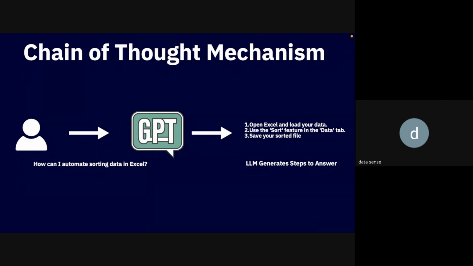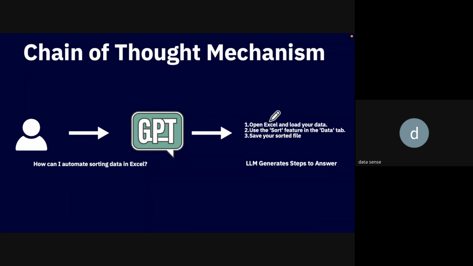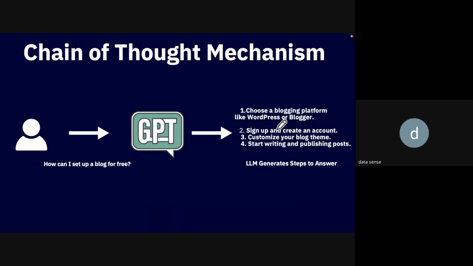ChatGPT can answer this. It can give you steps: open Excel, use the sort feature and save your file. Or suppose you ask it how to set up a blog for free. It can give you the steps.